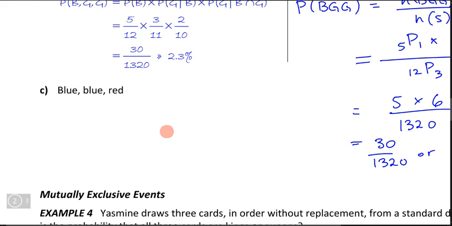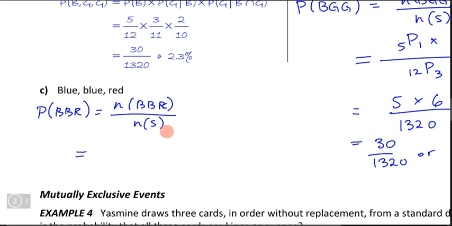Blue, blue, red. Same idea. The probability of blue, blue, red is the number of ways I can get blue, blue, red in that order, divided by the number of total outcomes of drawing 3 marbles.